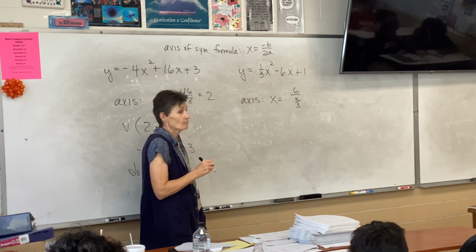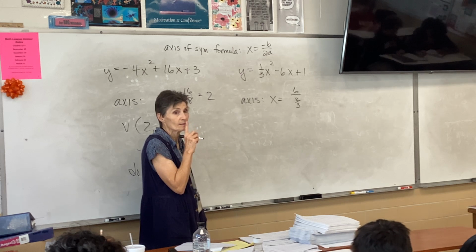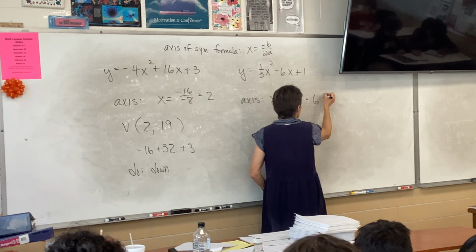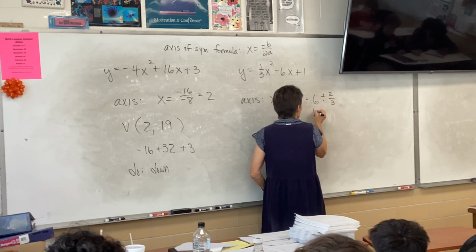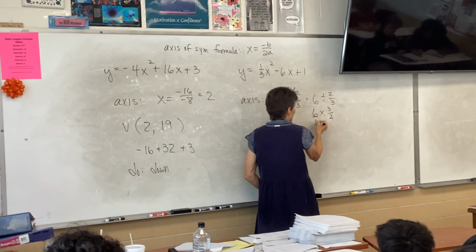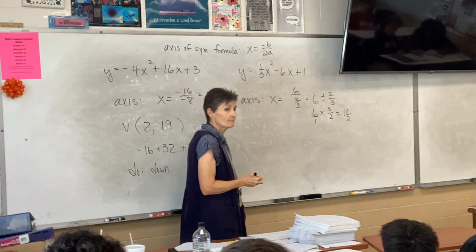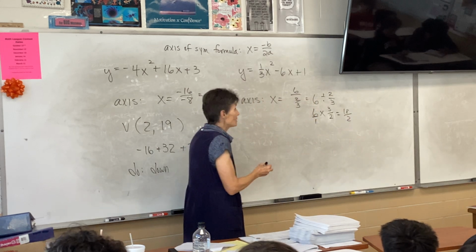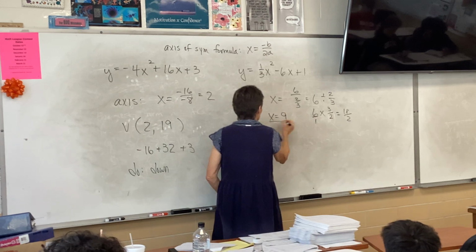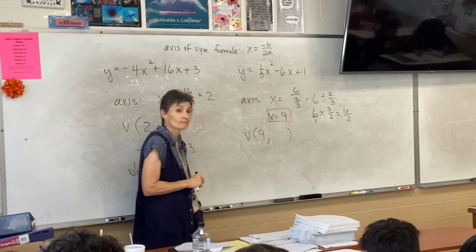Now remember, that means 6 divided by 2/3, which is 6 times 3 halves, which is 18 halves, or 9. So my axis is x equals 9, which means my vertex is (9, ...).